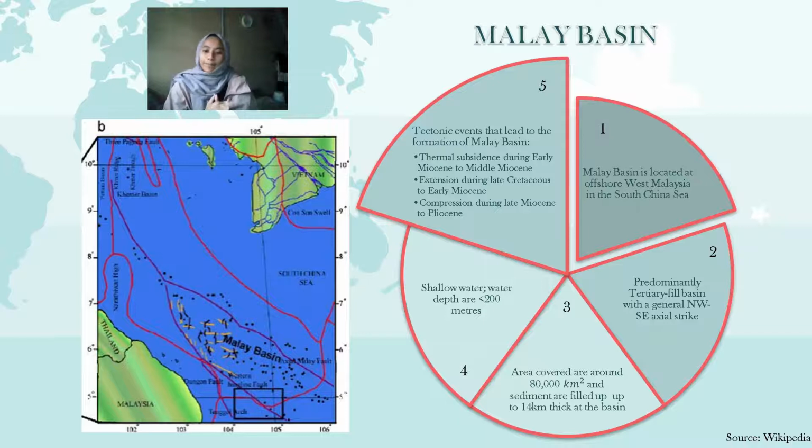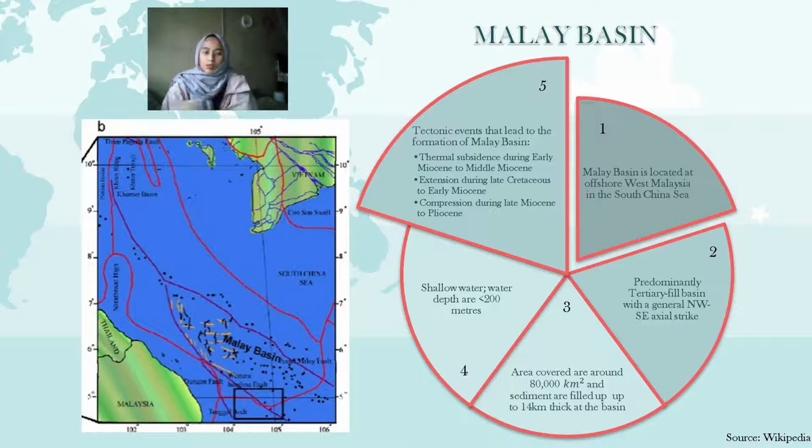Other than that, Malay Basin is categorized under the shallow water basins because the water depth at the basin is basically lower than 200 meters.